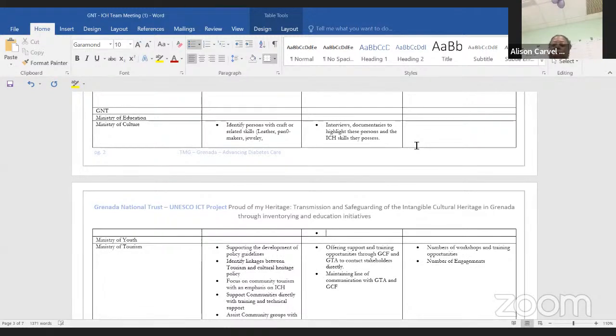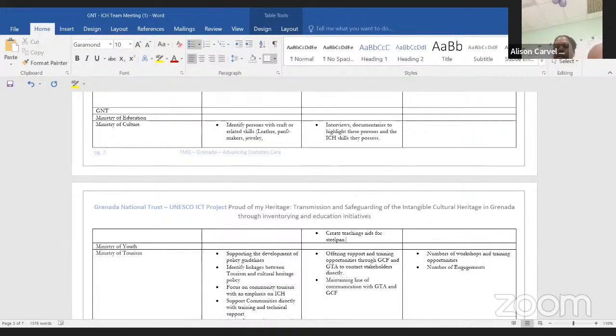We are in the process of creating a teaching aid for steel pan, and we're also planning to do a teaching aid for patois. For this year, we're planning on doing a number of workshops, namely calypso, dance, school orchestra. One of the highlights for this year, 2022, would be what we call a talent search.